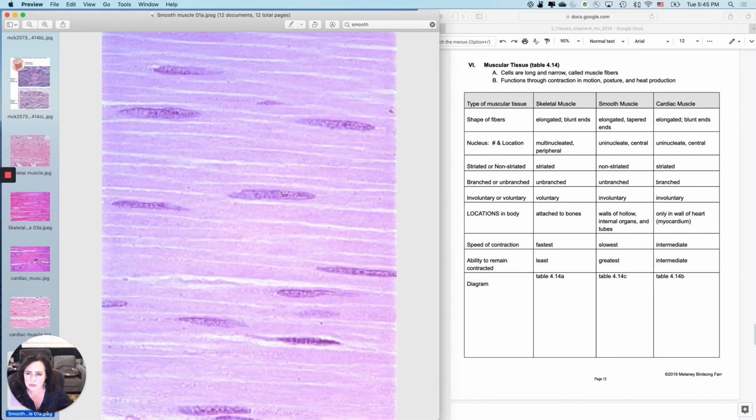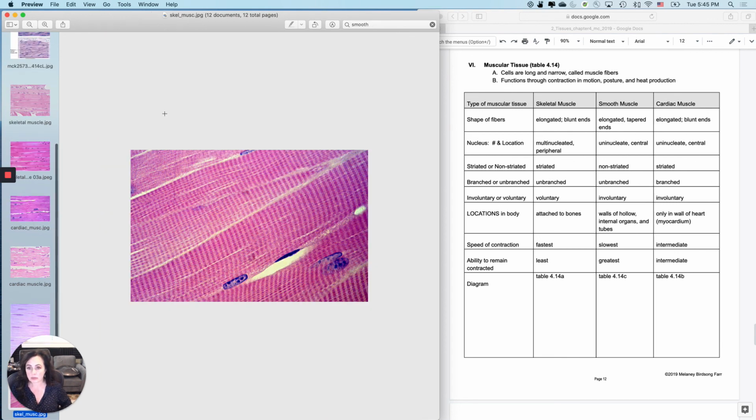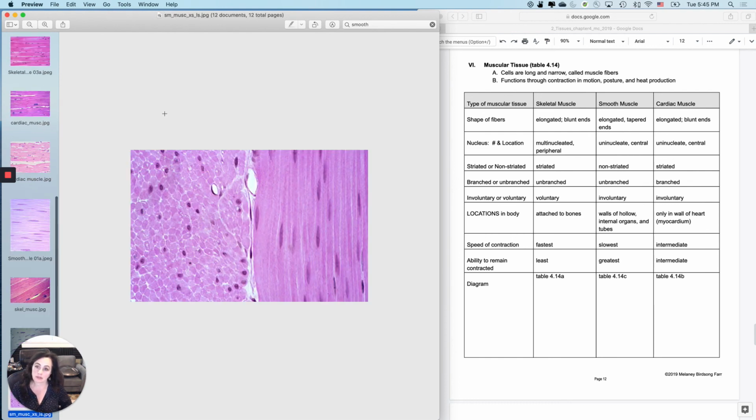This has nuclei within the eyeball-shaped cells, that's smooth muscle. What's this one? Striated, nuclei pushed off to the side, no real branching, no intercalated discs. This is skeletal muscle.